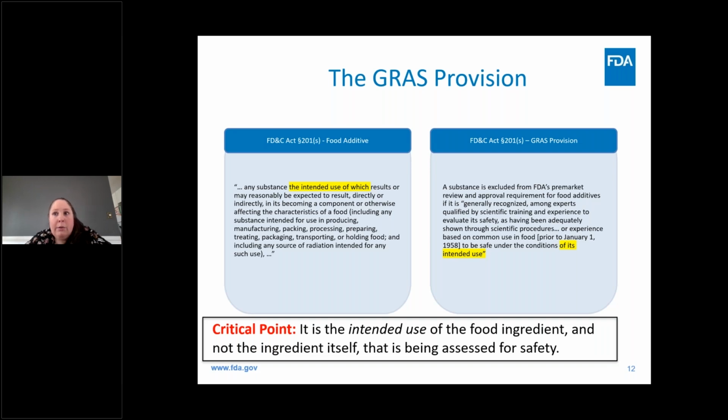Second, if you look at the language of both a food additive and a GRAS substance, you can see that Congress was very deliberate in prescribing language that safety is tied to the intended use of the ingredient. It is not actually the food ingredient that is deemed safe or unsafe, but rather the intended uses.